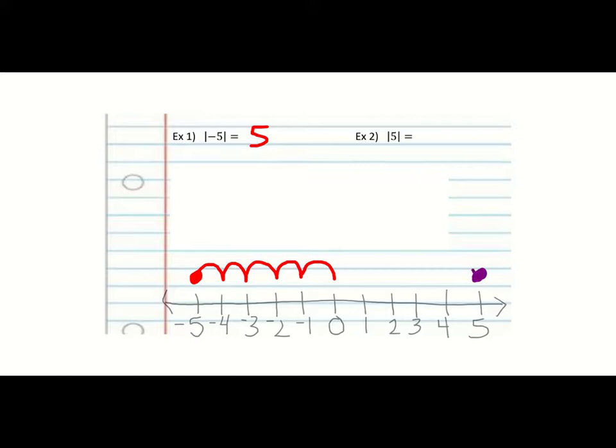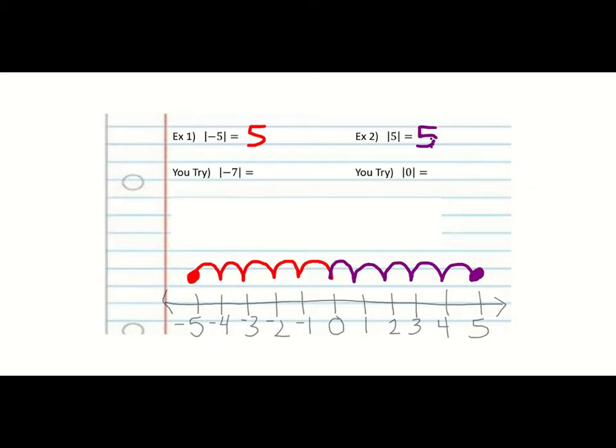If I count, I'm 1, 2, 3, 4, 5 units away from 0. Again, since distance is always positive and absolute value is distance, we would say that the absolute value of 5 is also 5. So it's basically saying that this number is that many spaces away from 0.